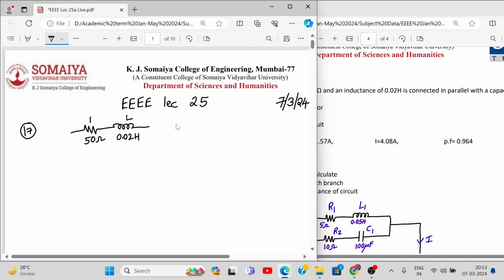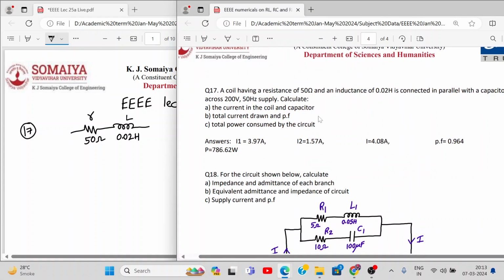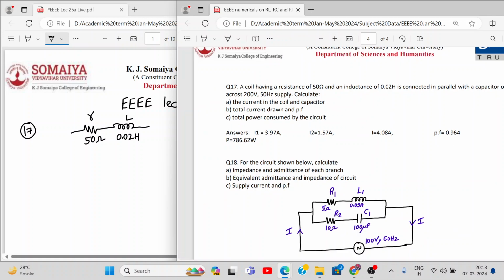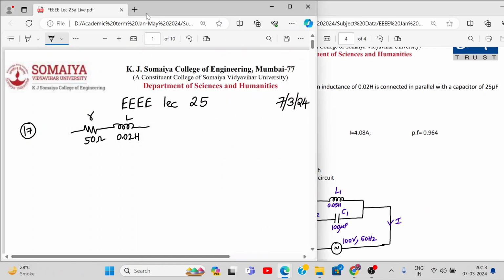This is L, this is R, or we can call this a small r, because if it is a coil we can call it a small r. It is connected in parallel with a capacitor of value 25 microfarad.